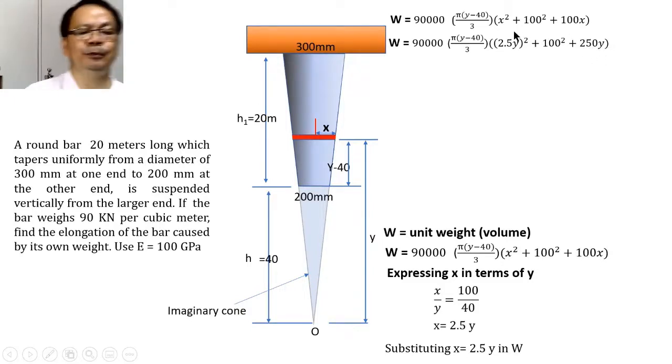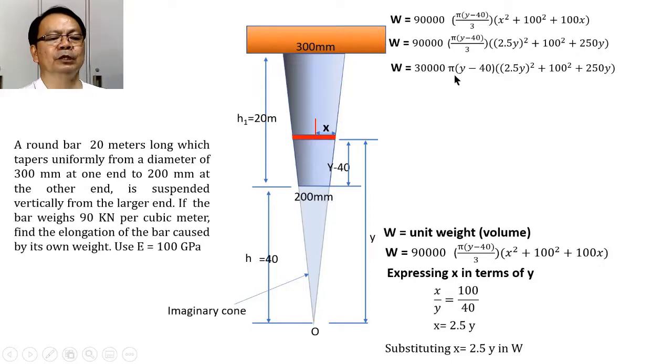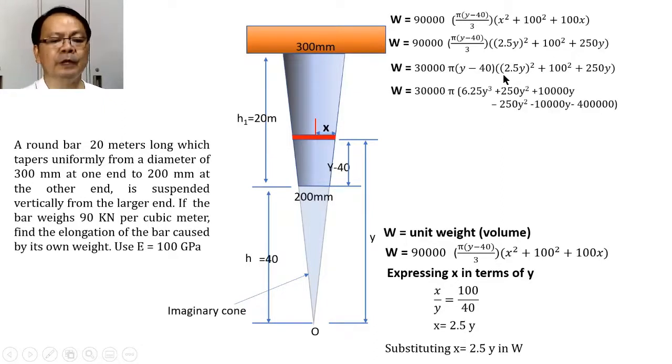Now, if we're going to distribute y minus 40 in this term, di ba? Taking out the product of the constant, that is 90,000 divided by 3, which is actually equal to 30,000. So I will have here 30,000 multiplied by pi. 30,000 comes from 90,000 divided by 3. Then if this y is distributed all throughout, I will have the following: 6.25 times y cubed, the product of 2.5 squared multiplied by y will be 6.25.